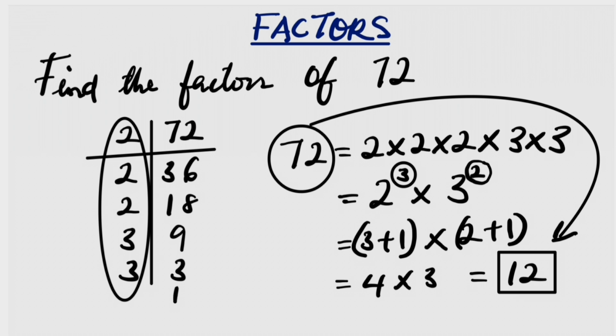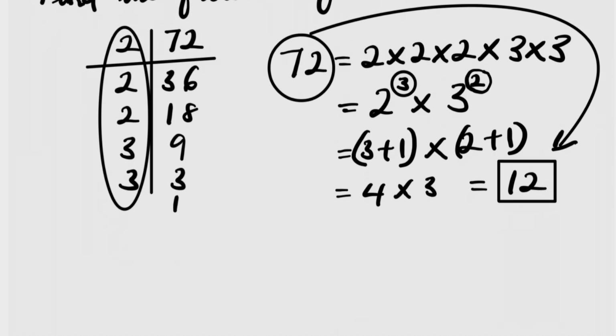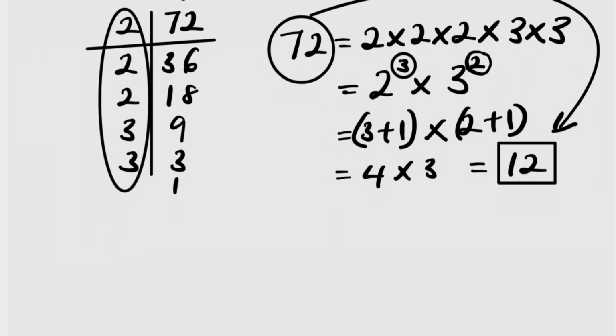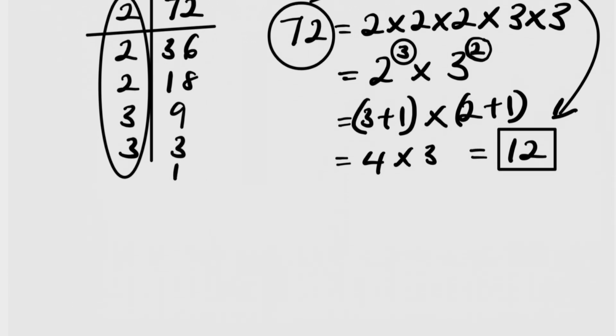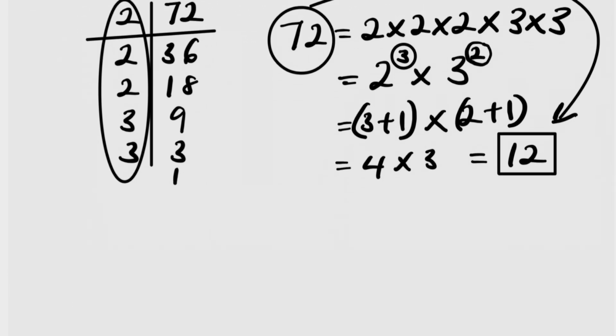So now, how do we get these factors? We want to find the factors of 72. So we look at this table. On the right hand side of the table, we have 36, 18, 9, 3, and 1. We can write all of these one time. So let us write out the factors of 72.